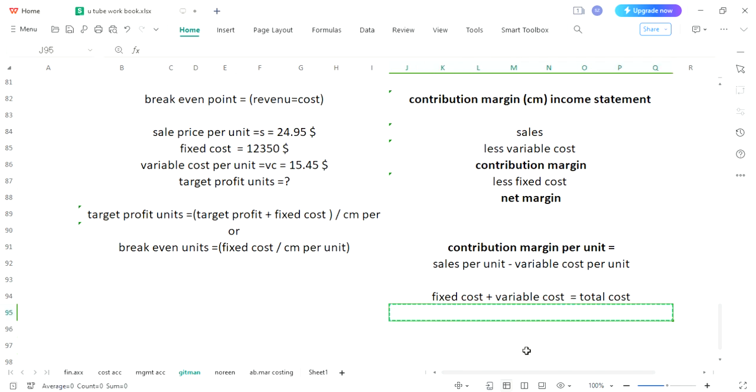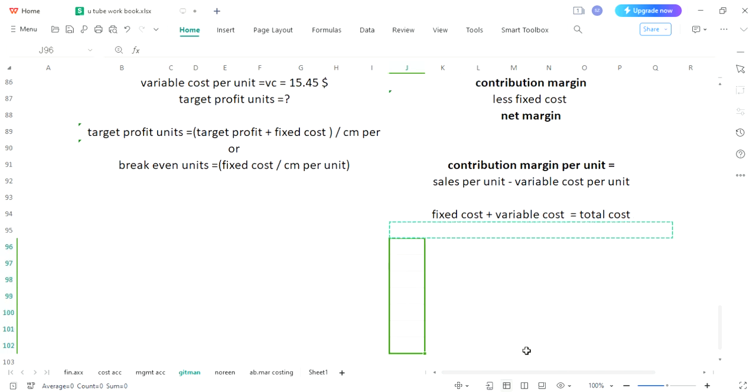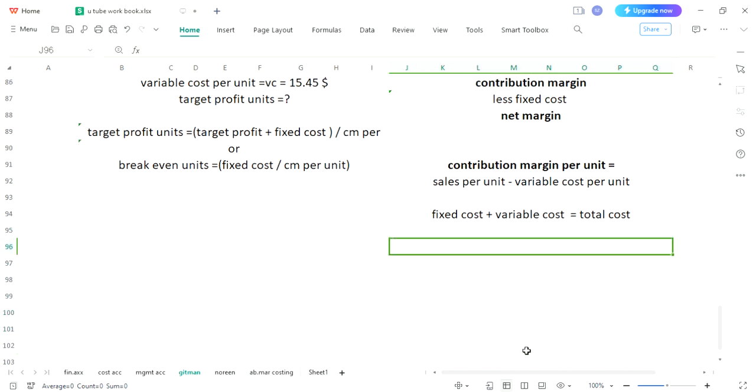Again, I am repeating the same thing. Fixed cost is a cost which will never be altered. Even if you are working for a large number of units or a small number of units, that cost will not be altered.